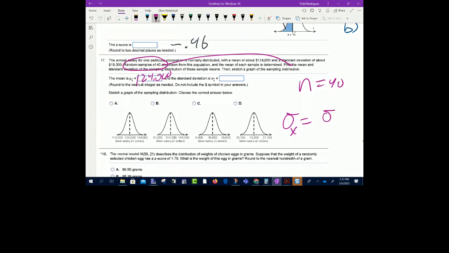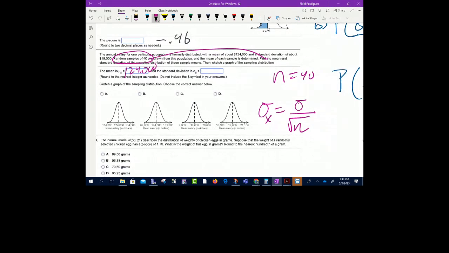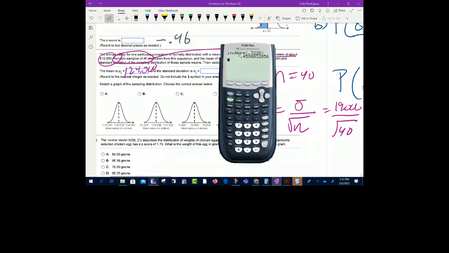We take our previous standard deviation and divide it by the square root of n. They told us our standard deviation was 19,000, so we're going to divide 19,000 by the square root of 40.